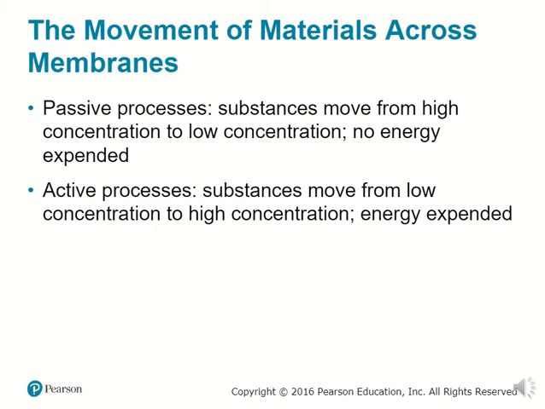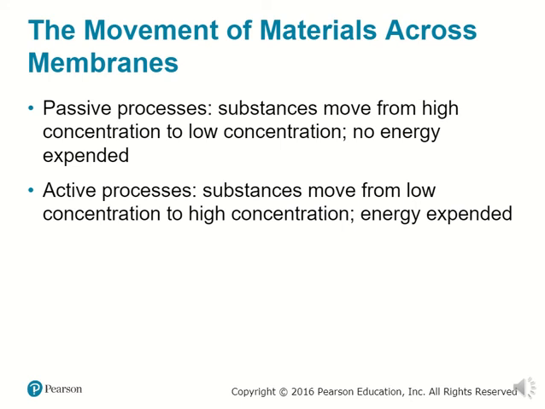Now, as far as movement of materials across the cell membrane or plasma membrane, there are passive processes which do not rely on energy from the cell. They occur naturally without being forced. Essentially, this is through osmosis, where substances on one side of the plasma membrane that are in a high concentration move across the membrane to the other side where it is lower in concentration.